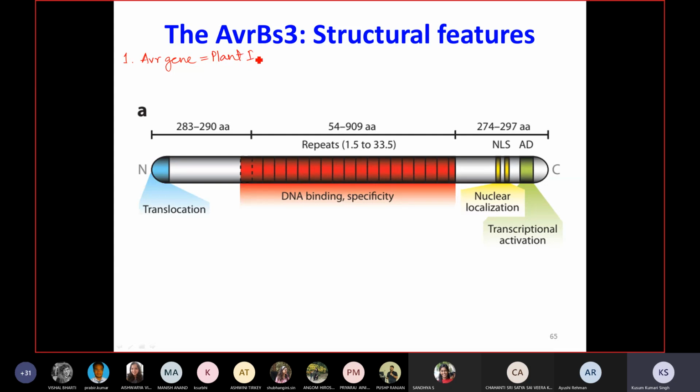That means how these avirulence genes affect the plant and how they enter the plant to make it susceptible.